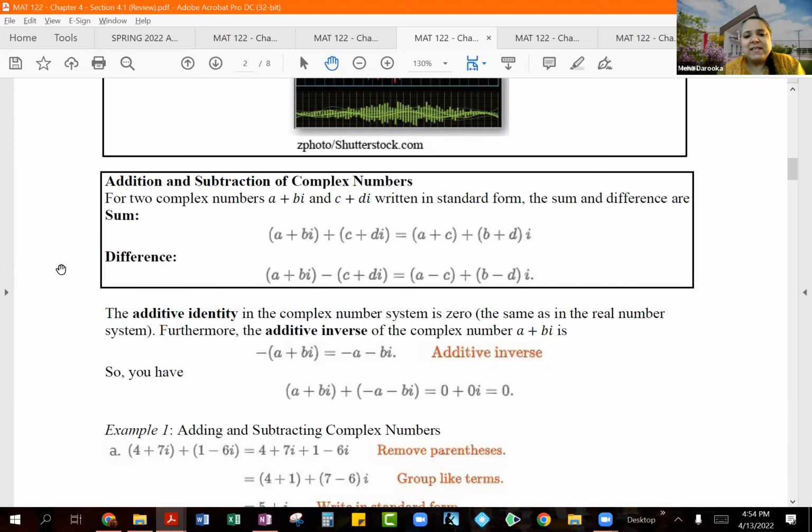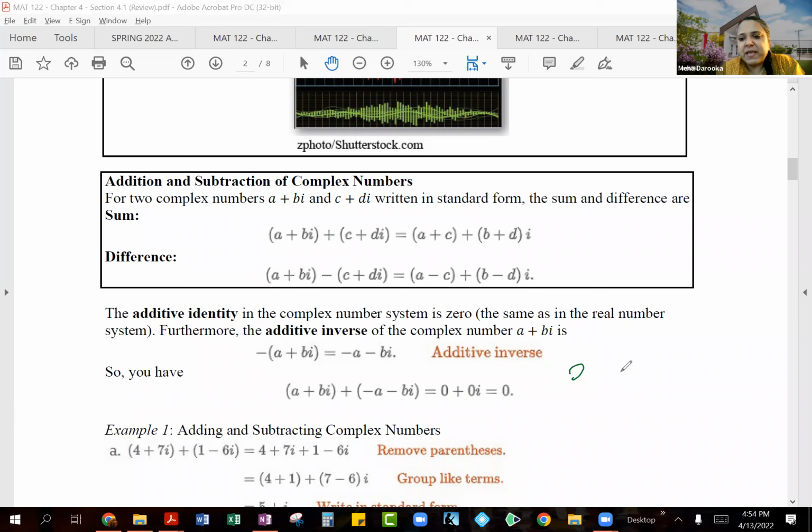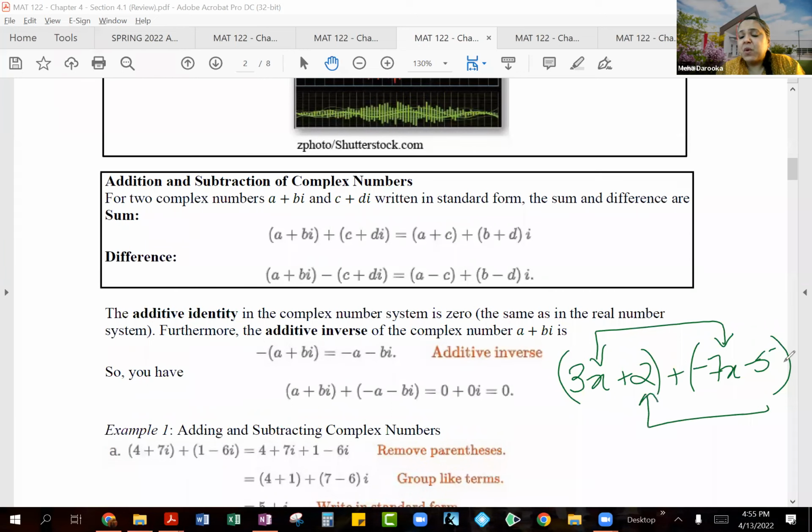So in this case, I ask you guys to think about how you would add in algebra. If you had a number like 3x plus 2, and you were being asked to add this to, I don't know, -7x minus 5. You know how we would combine the x with the x when we talk about like terms, and then we would take the constant with the constant. You're going to use that same idea here when you're adding and subtracting these complex numbers.